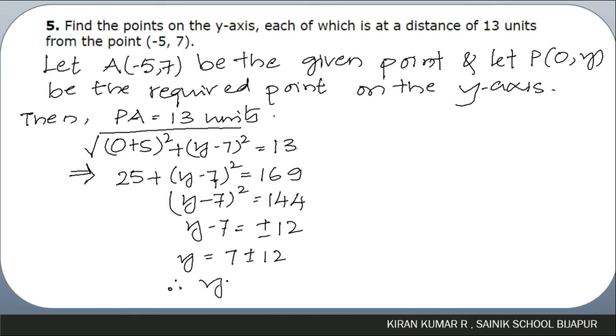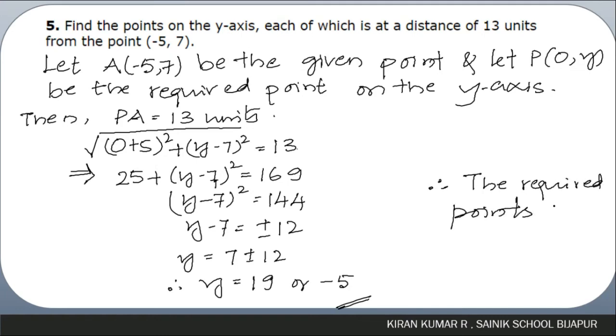Therefore, the value of y is 19 or negative 5. Therefore, the required points are (0, 19) and (0, negative 5).